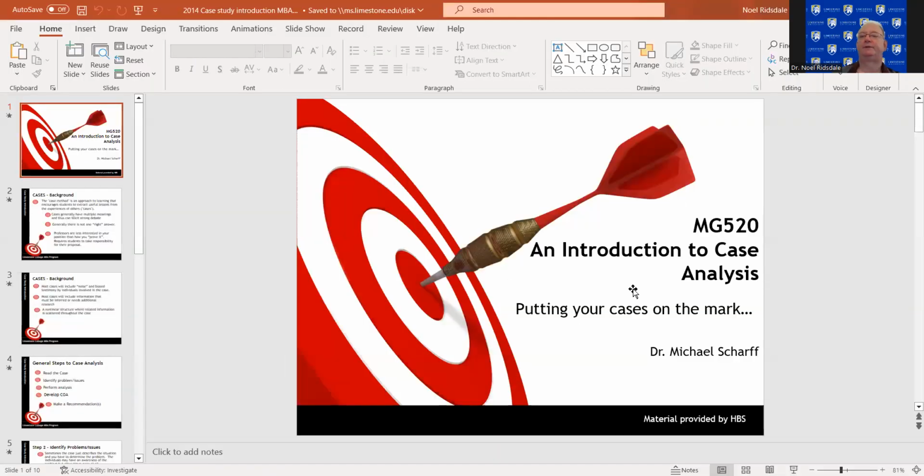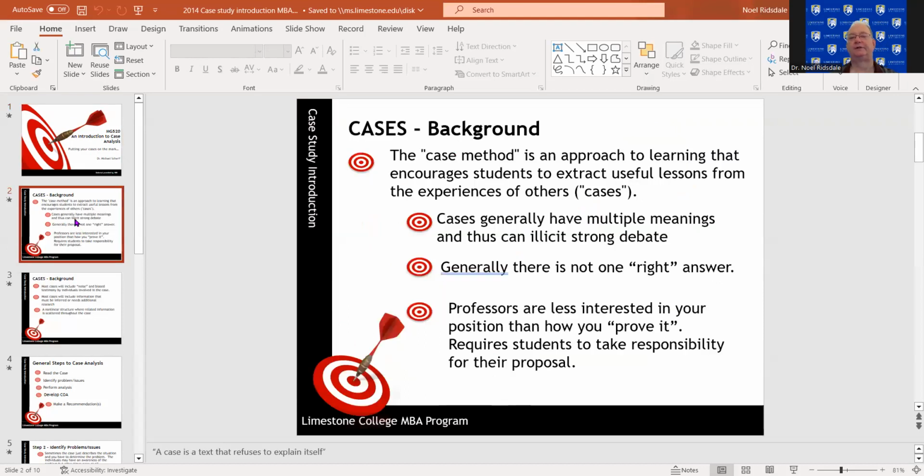Okay, so this is something that was put together by Dr. Scharf, which is a really good outline for how to do a case study. When you take a look at this, these cases are definitely going to have multiple approaches and multiple meetings. There's not really one right answer.